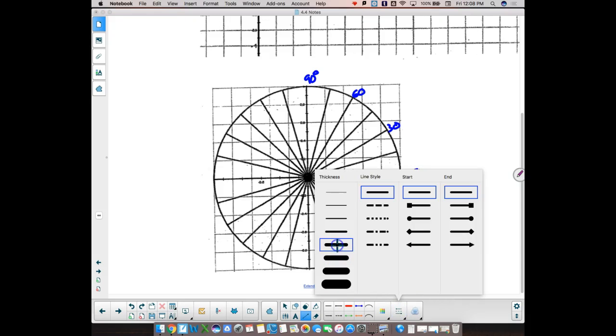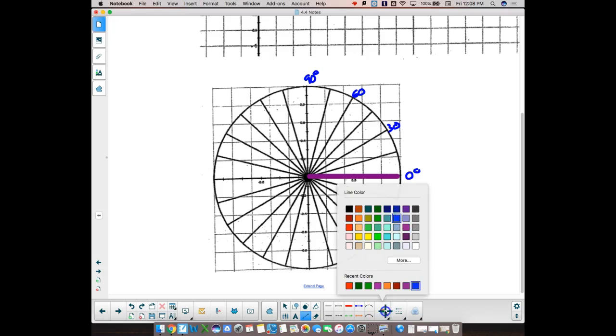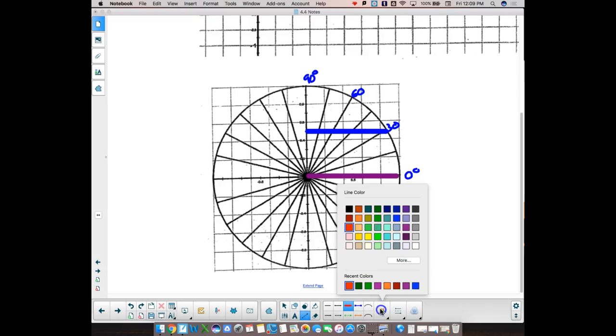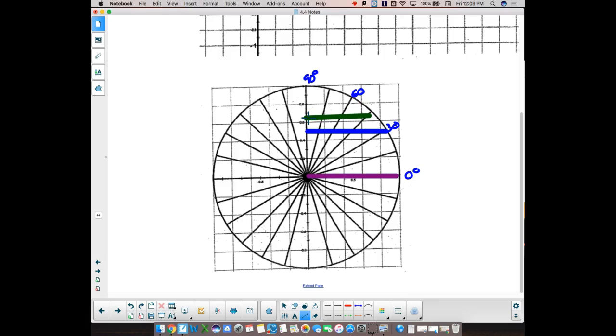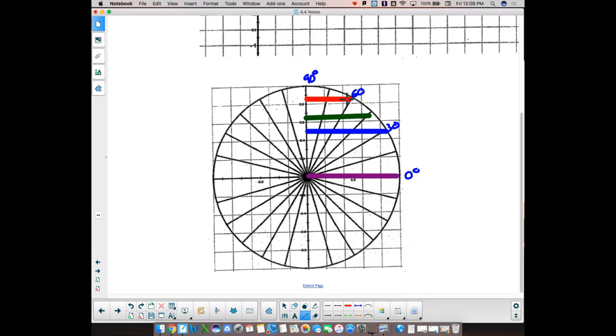Is here, and here, and there. So my distances stayed the same. It's just now I'm measuring horizontally.